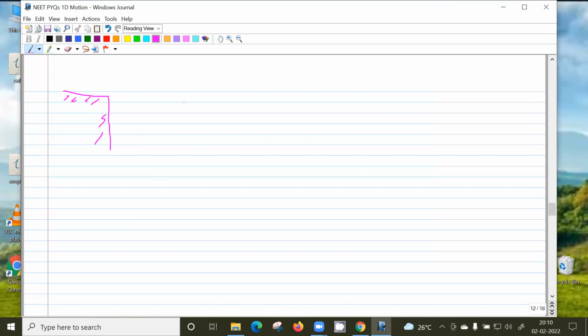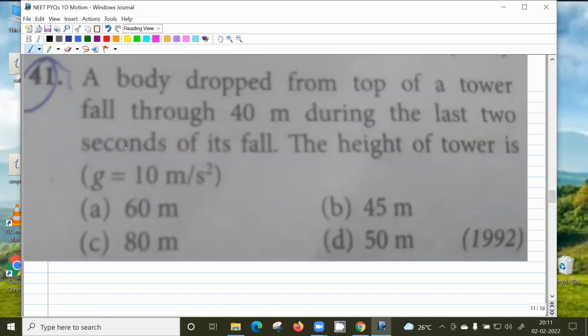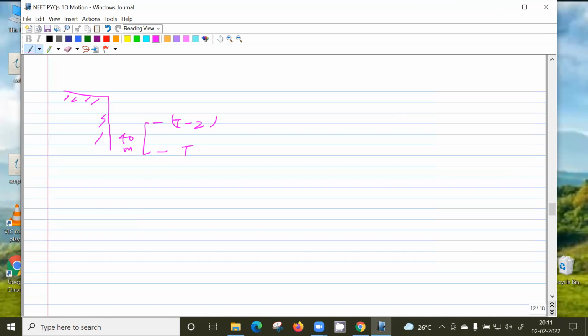So let it come and touch the ground at t seconds. So at t minus 2 seconds, this distance is 40 meters less. It is dropped, so u is 0. So how do you solve this problem? It's very simple.